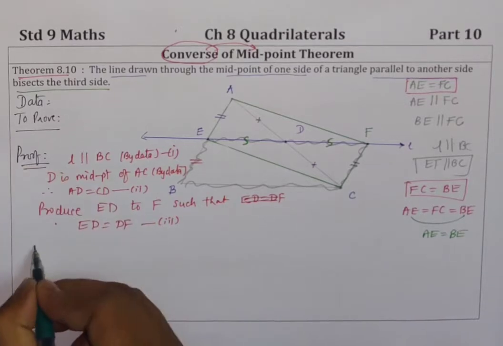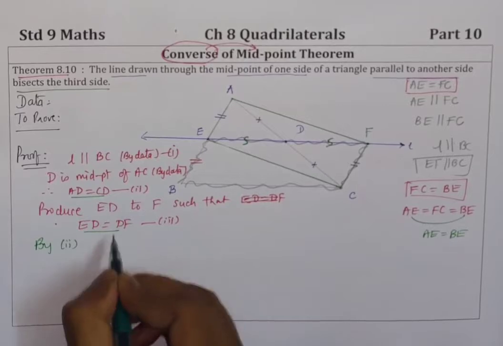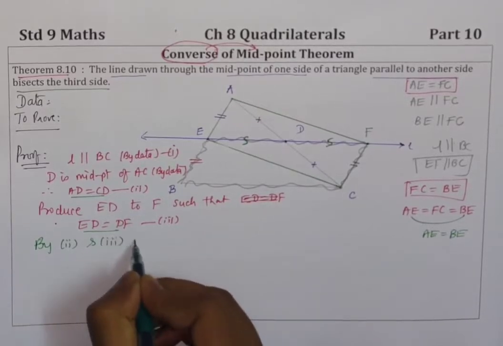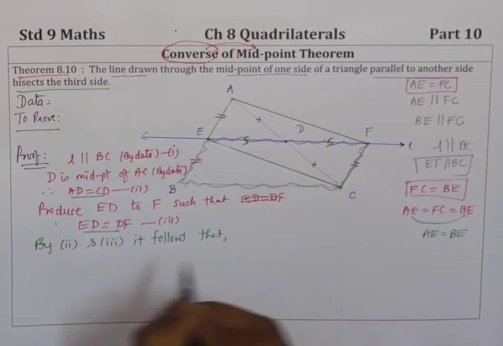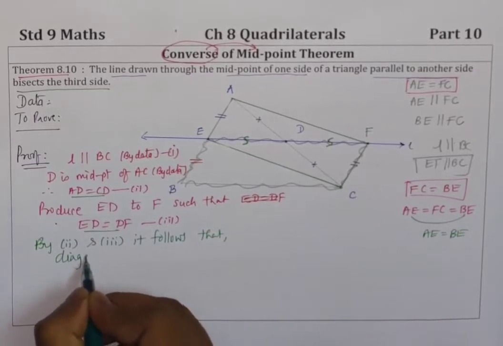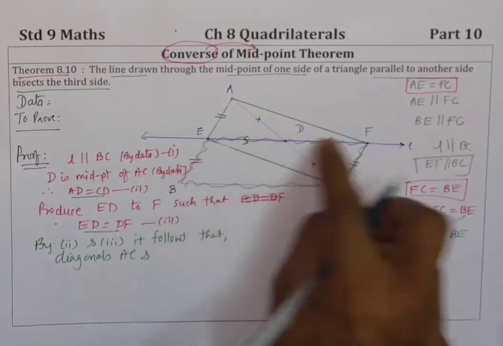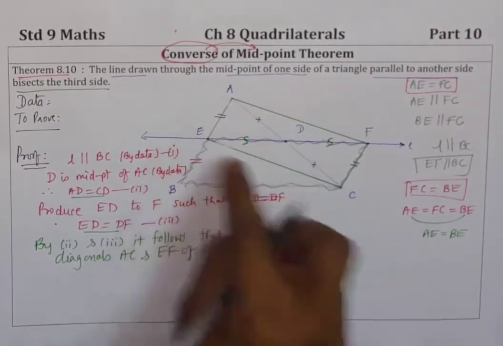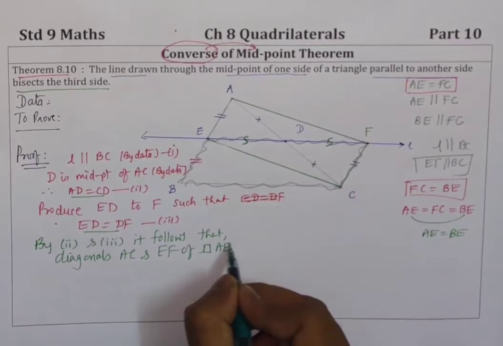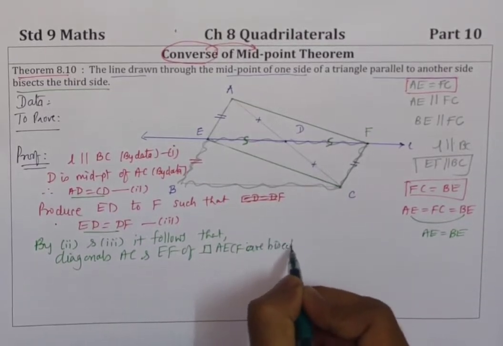That shows, by 2 and 3, it follows that diagonals AC and EF of quadrilateral AECF are bisecting each other.